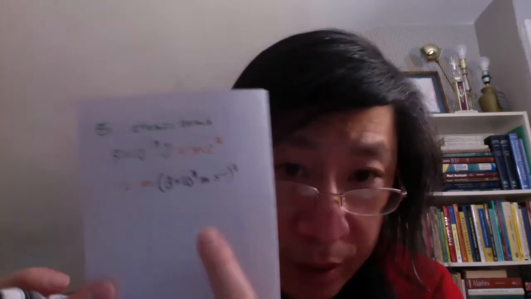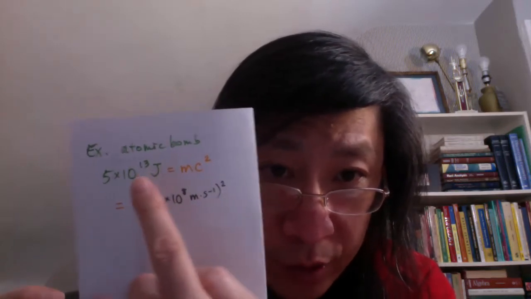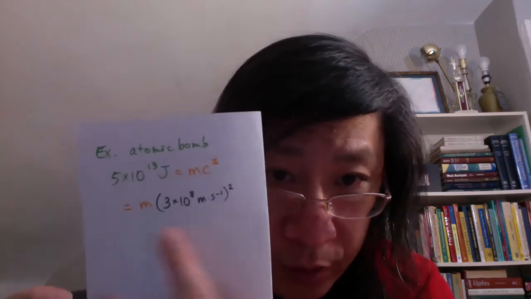So that equals m times, I'll use a different pen here so we can make it clear, 3 times 10 to the 8 meters per second, squared, like that. Remember that this m in the units is meters, while that m is the mass that needs to be converted to create this many joules. So let's multiply this out.